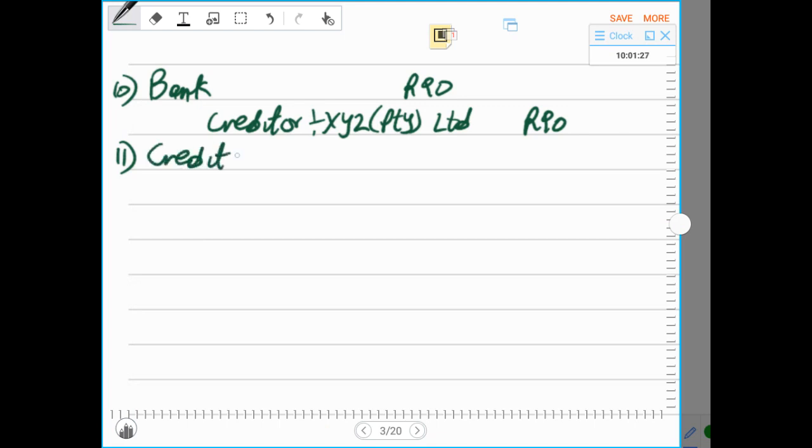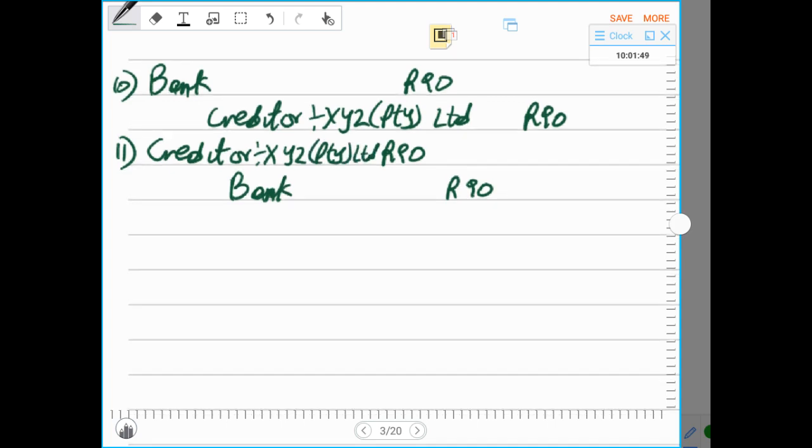We record our creditor on the debit side and we reduce our bank on the credit side by an amount of 90 rand. By an amount of 90 rand, creditor, we reduce that on the debit side, XYZ Pty Ltd. So that will be the entry.